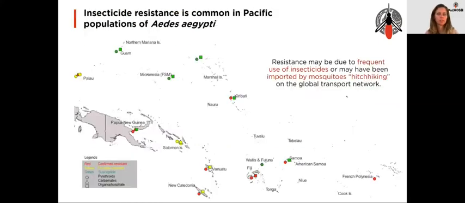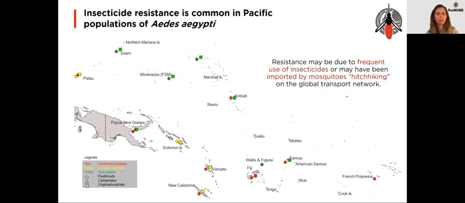So this map shows the status of insecticide resistance in Aedes aegypti mosquitoes to different classes of insecticide in the Pacific region. And although more extensive studies are needed, the available data suggests that many populations of Aedes aegypti are resistant to pyrethroids, and some resistance to carbamates and organophosphates has been documented.